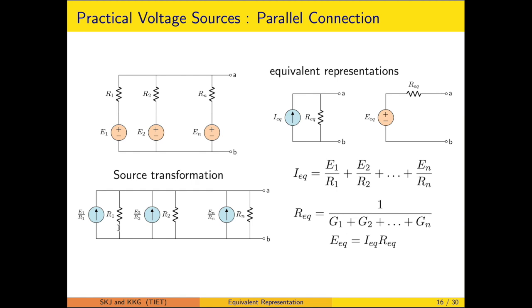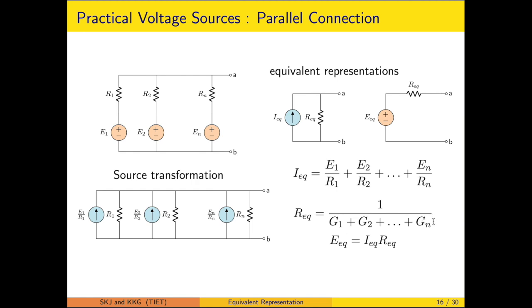So for the parallel equivalent, what we have seen is that in case of parallel, the total conductance, or the equivalent conductance, is the sum of all the conductances. So G1 plus G2 up to Gn forms the G equivalent.